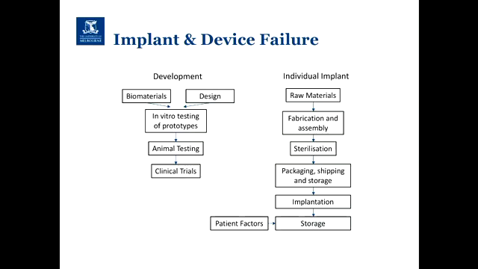So you design your materials, you design your device, you go through in vitro testing and prototypes, you go through animal testing, and you go through clinical trials. So that happens on one side of the situation.